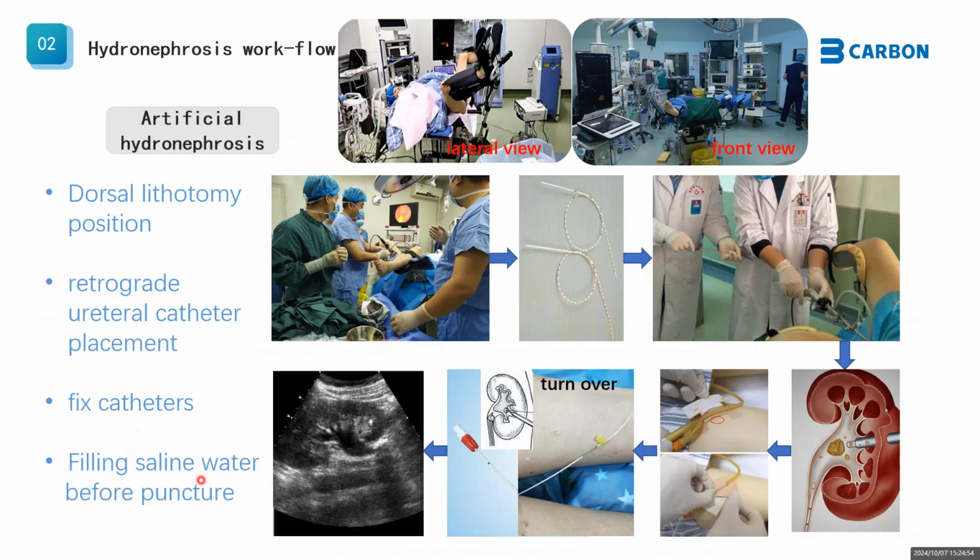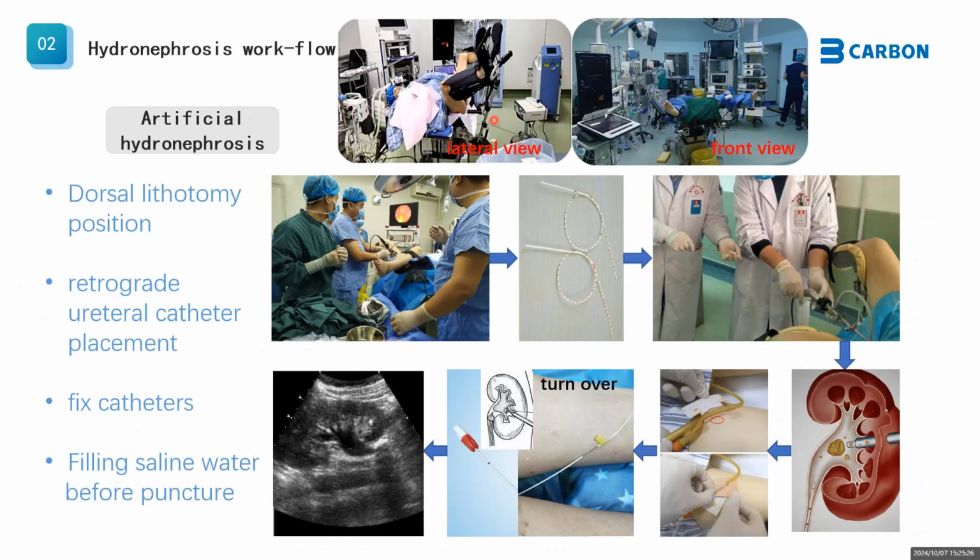And then hydronephrosis is also a very important step for the PCNL. Before the renal puncture, the patient takes the lithotomy position, like this, the lateral view and the front view of the lithotomy position.